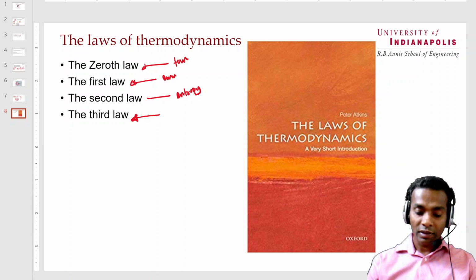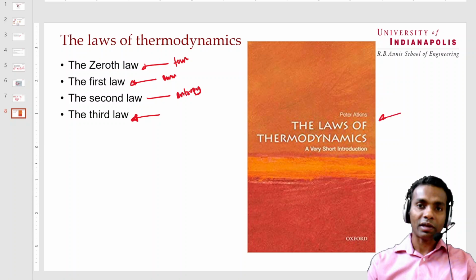This is not an expensive book. You can buy it from Amazon for less than $10. It describes very nicely and succinctly the relationship between these four laws and different properties, and how it is connected to the statistical explanation of thermodynamics.